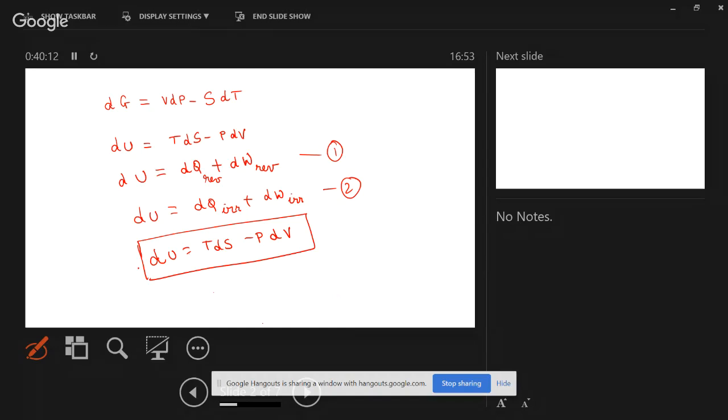For a reversible process, this entropy generated term is equal to 0. For an irreversible process, it's going to be positive, greater than 0. So in that sense, the entropy generated is a sort of measure of the irreversibility of a particular process. I hope that answers your question. Thank you.